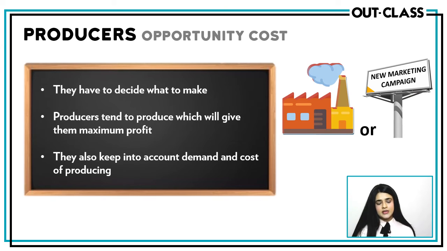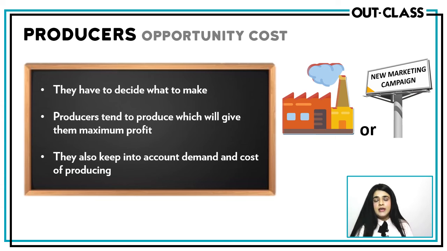Producers' opportunity cost. Obviously when producers or businesses put their money into a business, they would like to minimize their opportunity cost and they would put their resources or invest in a business that would give them maximum profit. But while they are, let's say, investing in one thing, another thing that is their opportunity cost might give them more profit.